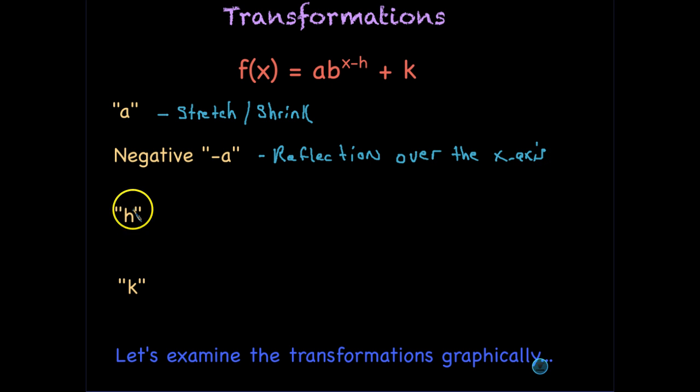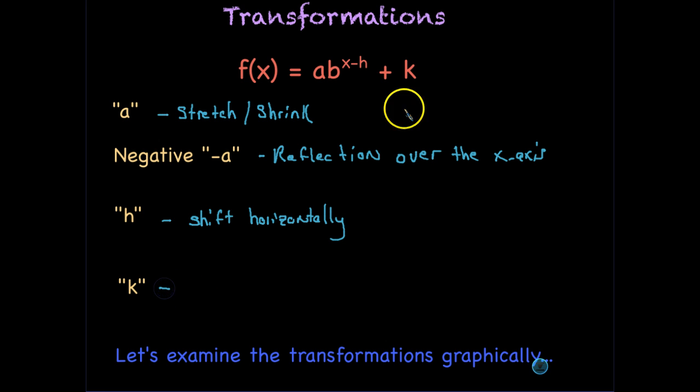How about H? Well, H is the same as it's always been. It's paired with the x, so that means it's going to shift along the x-axis, which means that's going to shift left or right. So horizontally. And remember that it shifts the opposite direction since it's in with x and x is not equal to it. So if we have x minus 2, it's going to shift to the right 2, not to the left.